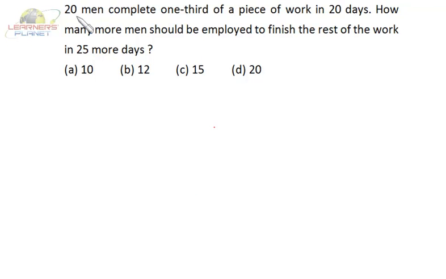Now in this question, 20 men can complete 1/3 of a piece of work in 20 days. That means men, work, and days, we are having three variables. How many more men should be employed to finish the rest of the work in 25 more days? That means 20 men can complete 1/3 of the work in 20 days.